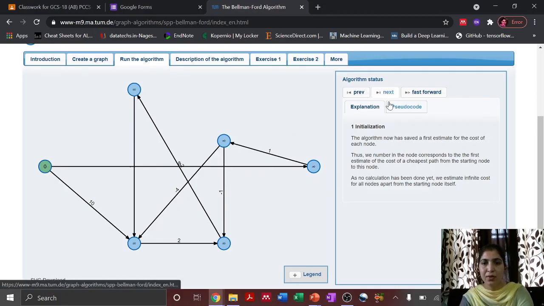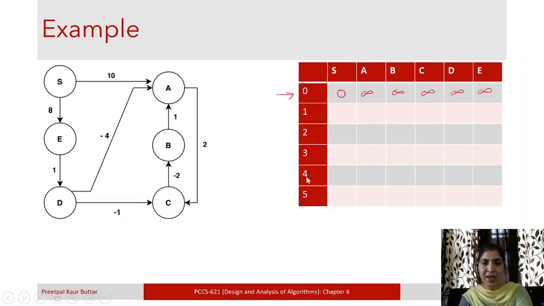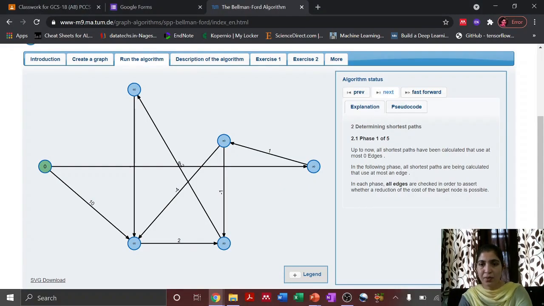Let's go to the next step, and there will be a total of 5 phases as we have listed here, 1 2 3 4 5, because there are 6 vertices. So this algorithm will run n minus 1, that is 5 times. Now we will calculate the shortest paths using at most 0 edges. It means we will calculate the direct paths.